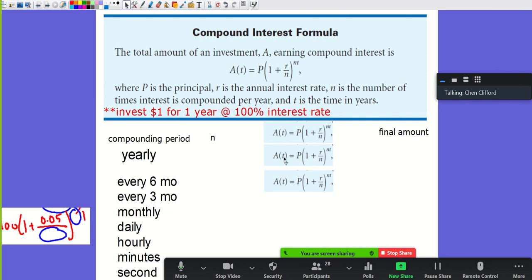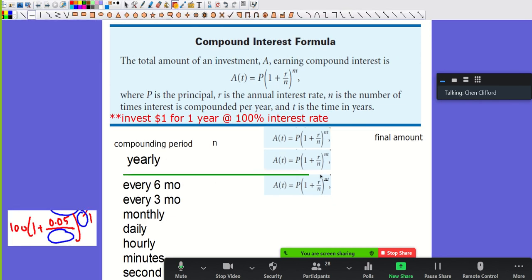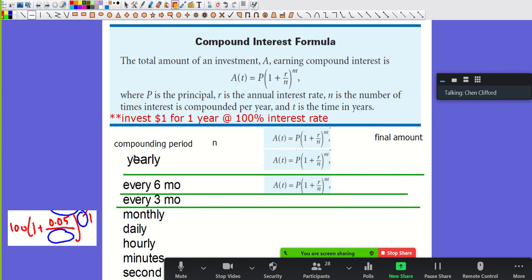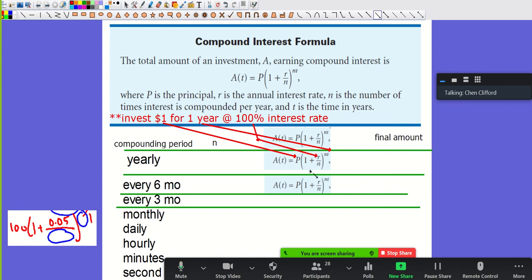The only thing that's going to change from each line, we're basically creating a chart right now, is N. For the first line, for yearly, $1 goes in for P, 1 year goes in for T as in Tom, 100% interest rate goes in for R as 1.00, and the only thing remaining is N. In this case, yearly means it happens once a year, which means N would be 1, and N would be 1 here.